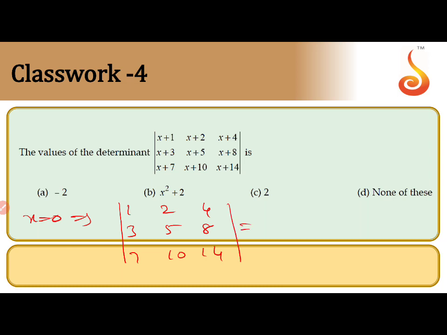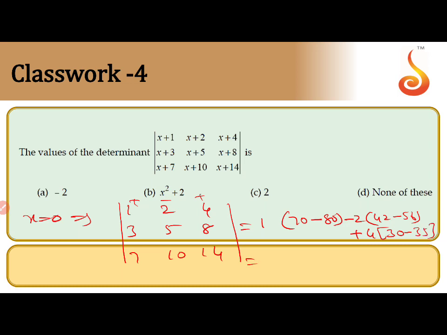You just find the value of the determinant, and you can get it directly. So 1 into 70 minus 80, next minus 2 into 42 minus 56, plus 4 into 30 minus 35, with signs plus, minus, plus.